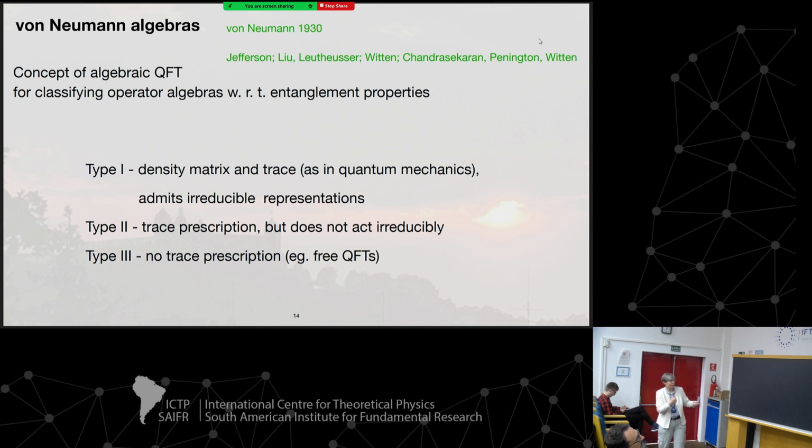Now, there are 2 other types which are more relevant if you want to study quantum field theories and also black holes. The second easiest to understand is type 3, which means that there is no such trace prescription, and that applies, for instance, to free quantum field theories. What's happening in that case is that there is no irreducible representation of this algebra, and so essentially you can't write down what the density matrix is.